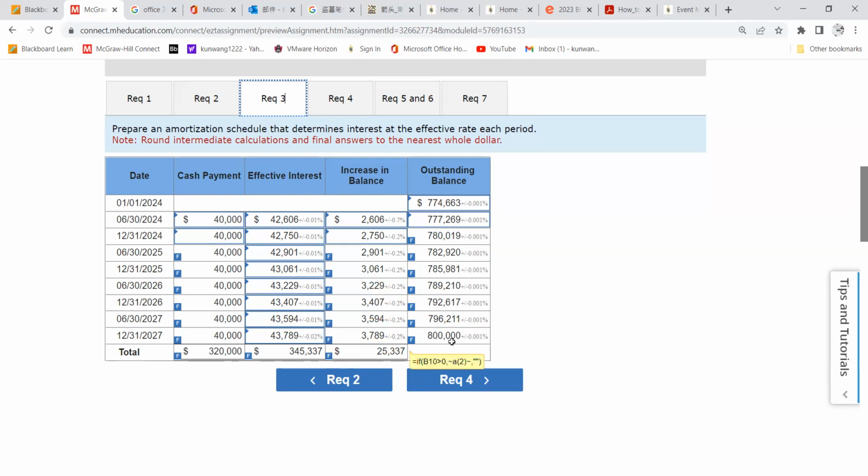And your final book value, the outstanding balance, should be equal to the original face value. If there is $1 or $2 difference because of the rounding, force it to equal 800,000. Because if you put something $1 or $2 different, the grading will mark it wrong, for the eventual adjustment for the face value.